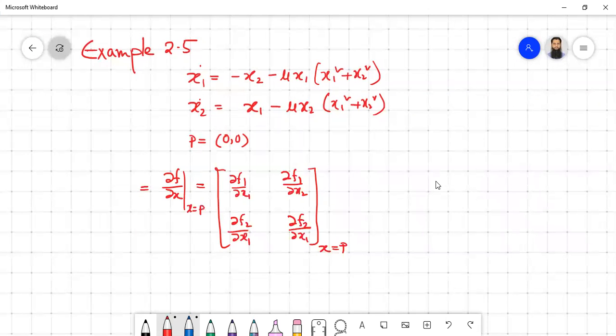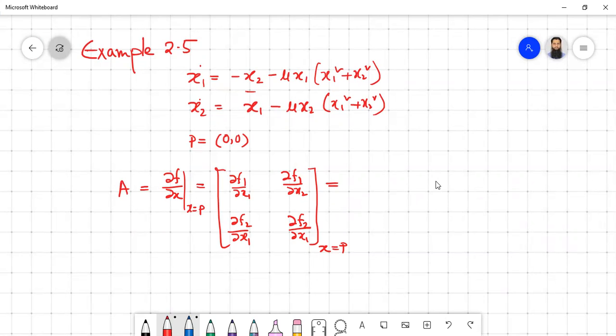That will give us the matrix A. Now if you differentiate the first function with respect to x1, the first term is constant, so only the second term you have to differentiate.